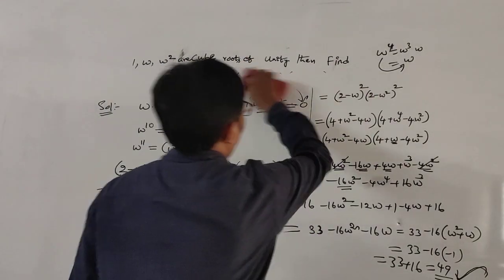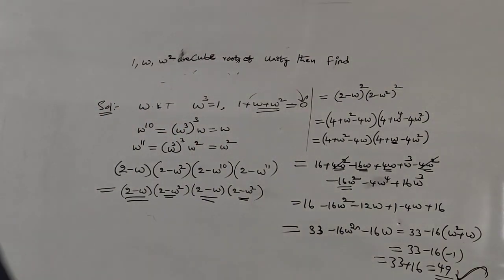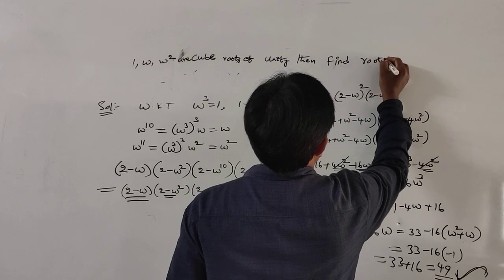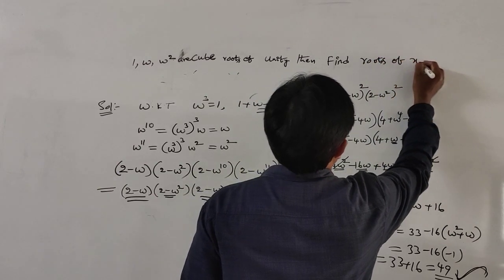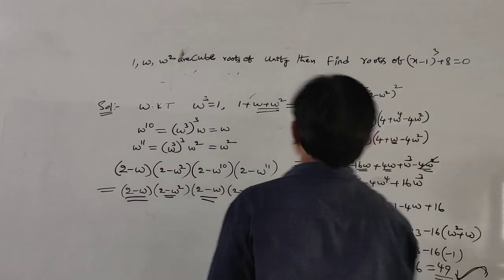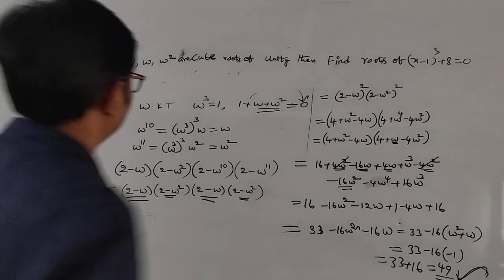1, omega and omega square are the cube roots of unity. Then find the roots of x minus 1 whole cube plus 8 equal to 0.